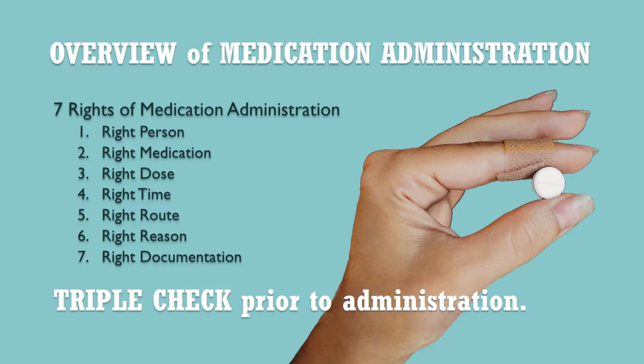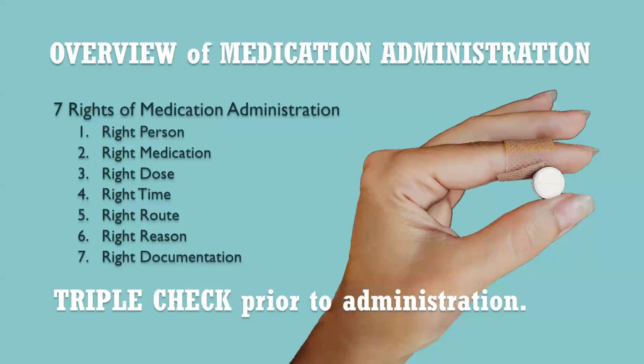If a client is not able to tell you their name or date of birth, some other identifier needs to be used. I've seen previously used a photograph that is attached to the MAR that you can hold up against the person you're giving medications to, just to make sure you are giving it, in fact, to the right person.